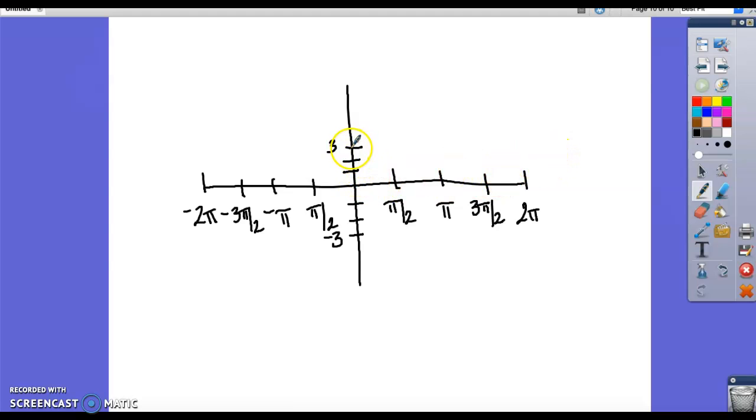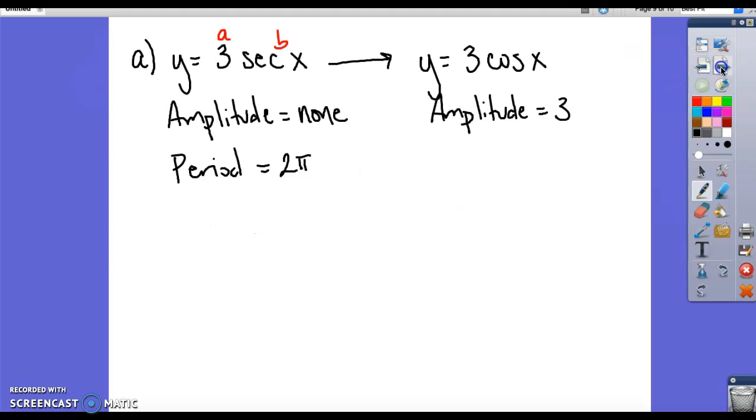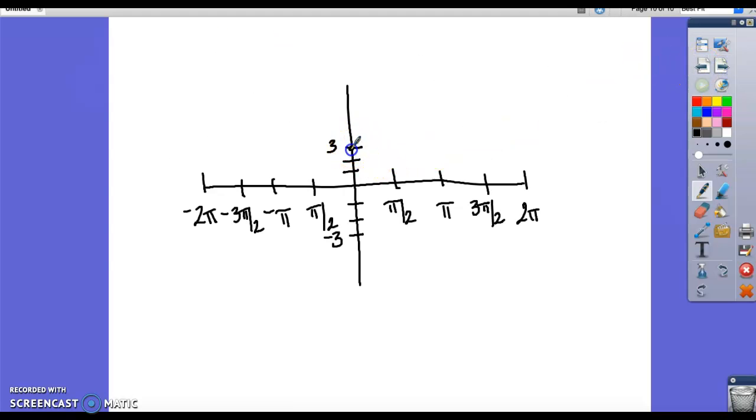Okay, so when I graph cosine, right, I start at my max, midline, min, midline, max, okay, midline, min, midline, max. Okay, and so my cosine function looks like this.